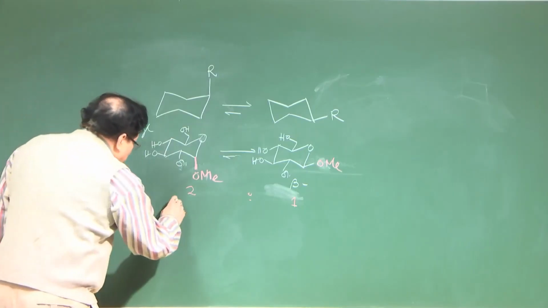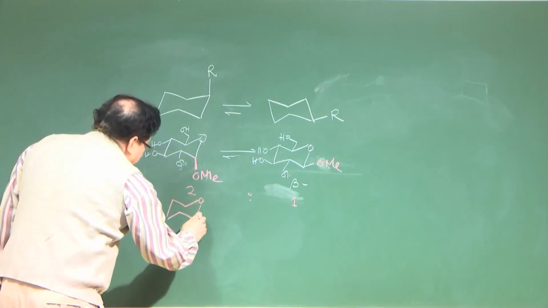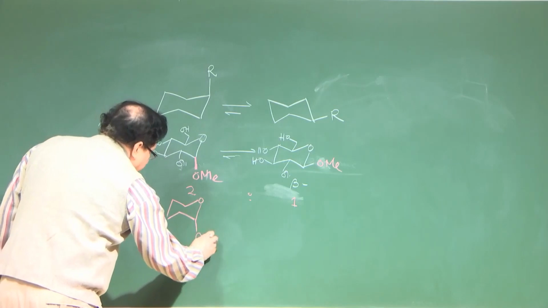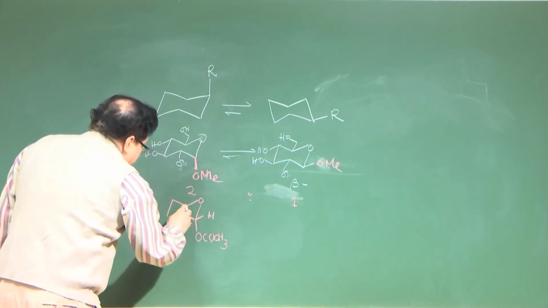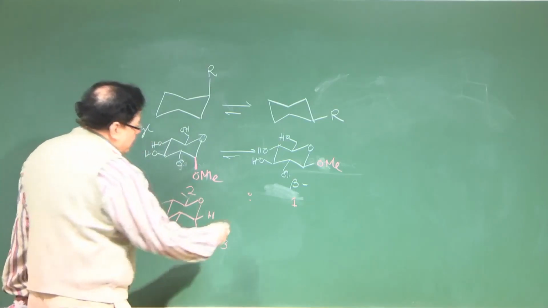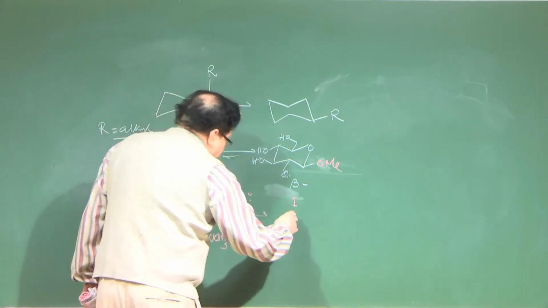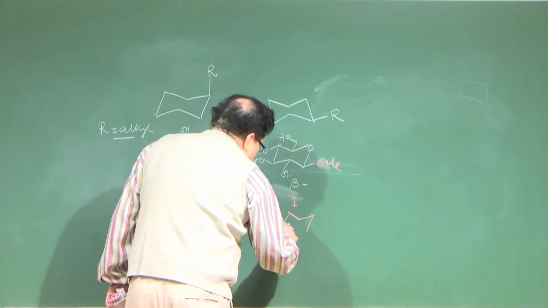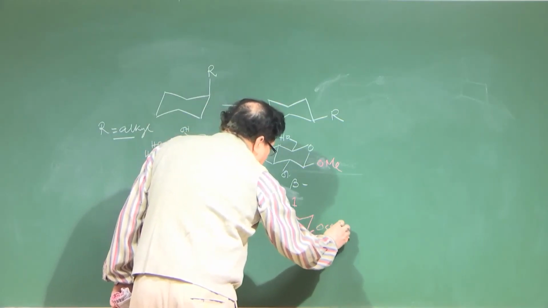The same is true if you have OCOCH3, that means acetate. I am not writing the other groups like this. If you have acetate, then also the axial one is preferred, and the preference actually got increased.